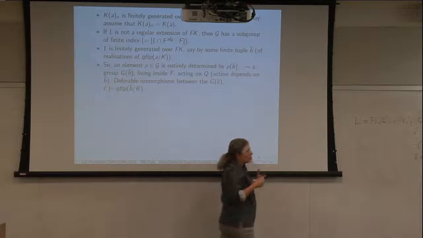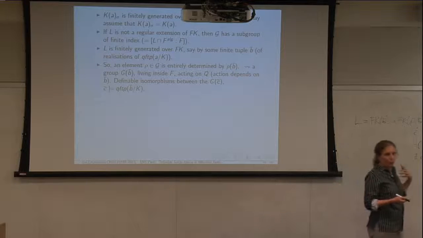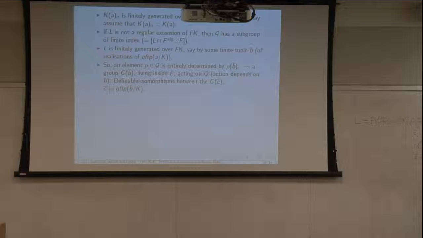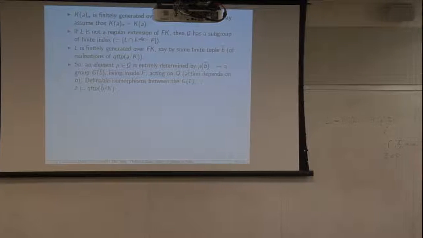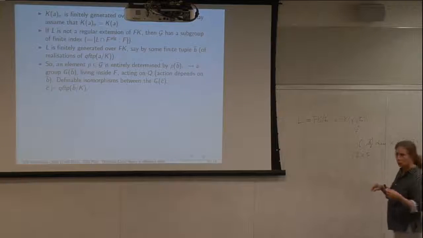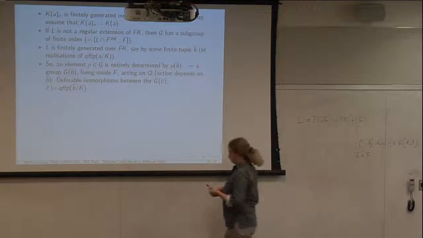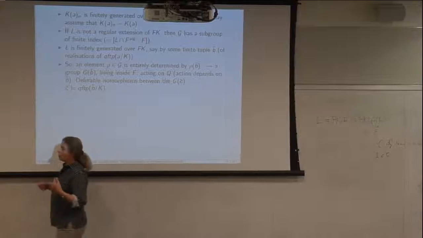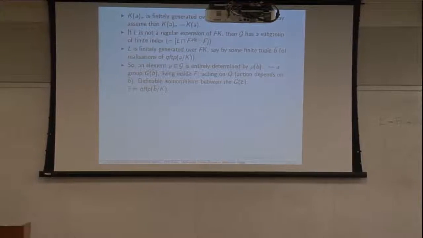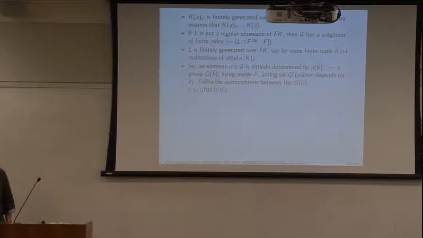And you can interpret the group of automorphisms of L over Fk with the help of this f. This defines a group generically, but then you use Weil's construction and you try not to get completely confused. And you manage to get something.